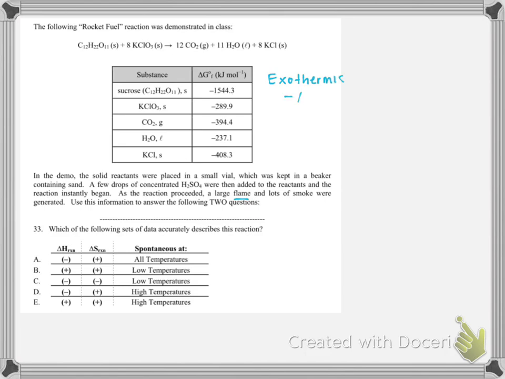We'll have a negative delta H. Okay, so that eliminates B and E.